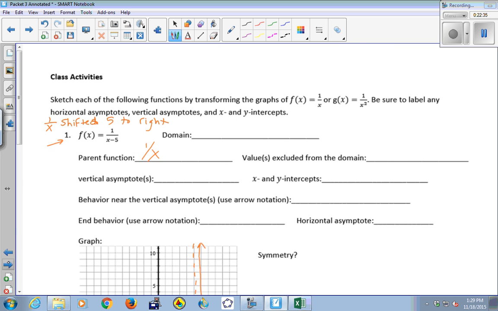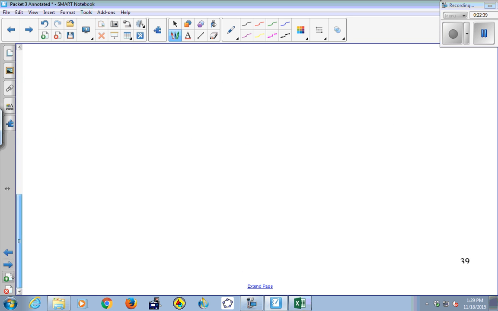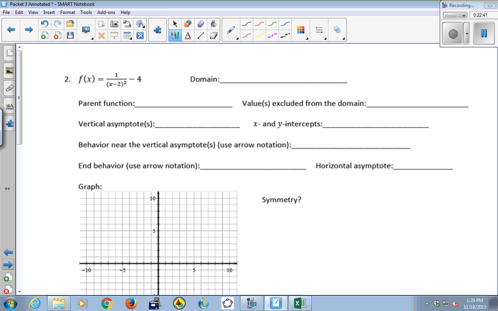All right, so you're going to come back to number 1 and finish it in a minute. Let's look at number 2. I have 1 over x minus 2 squared, minus 4. Because I have a squared in the denominator, my parent function is going to be 1 over x squared. And then what transformation has happened?